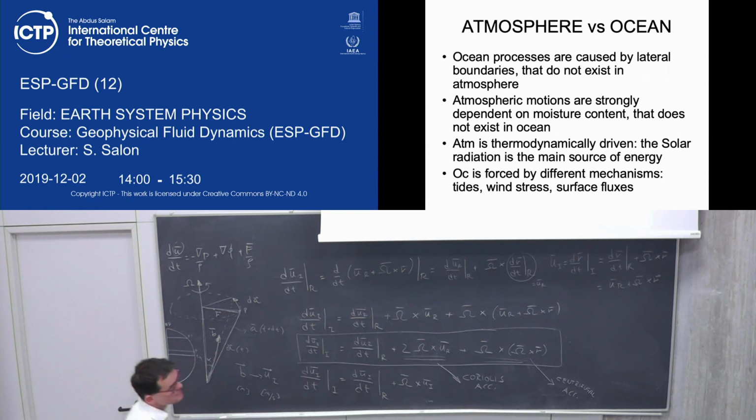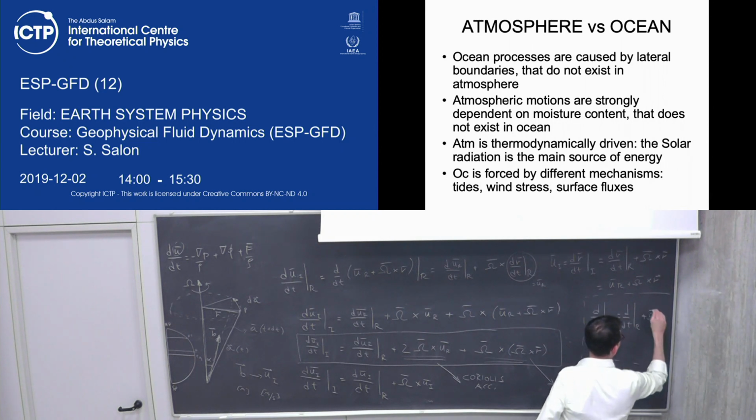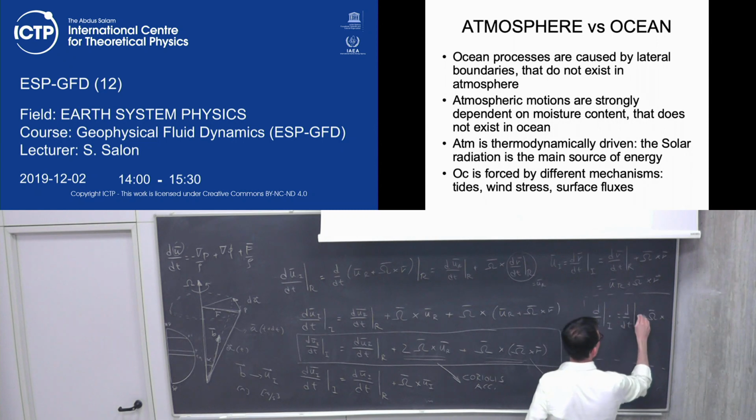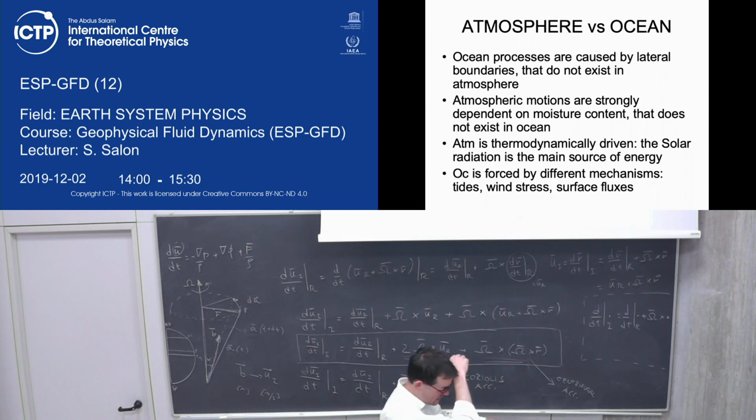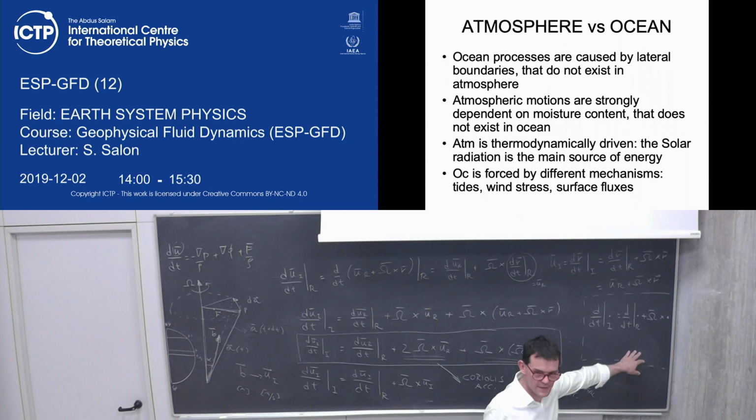Because from the beginning, we know, and this is something that we can remember, it's like a sort of differential operator. So if I want to transform any kind of vector from an inertial frame of reference to a rotating frame of reference, I always have to take this equation here.